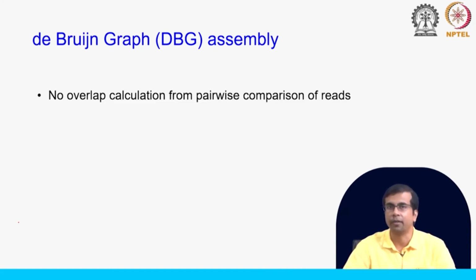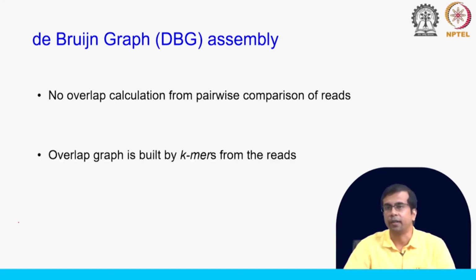Instead, the graph that we build here is built from k-mers from the reads. This is a k-mer based approach, where we get the k-mers calculated from the reads, and we will discuss it in much more detail and illustrate it through some examples.